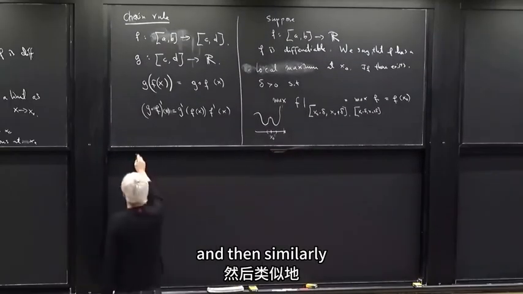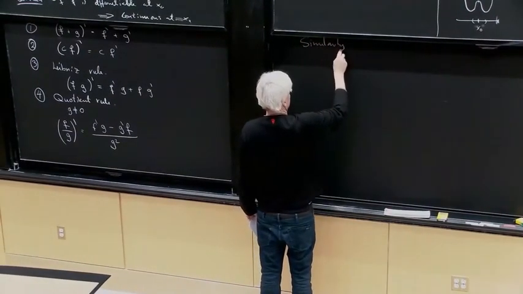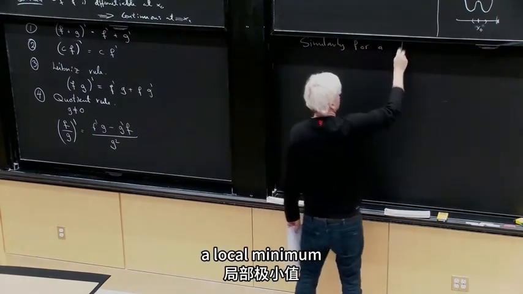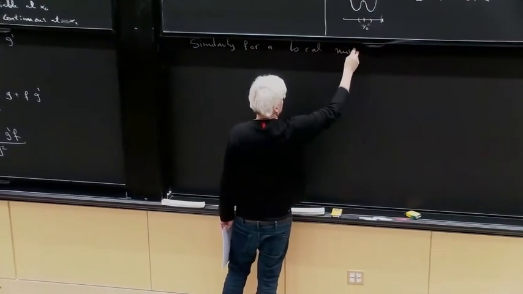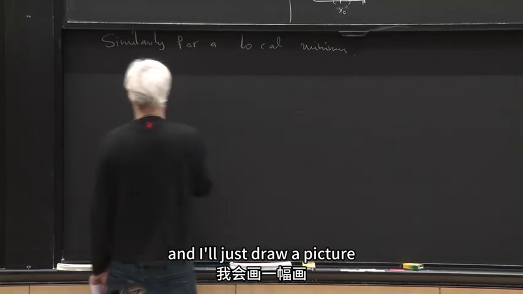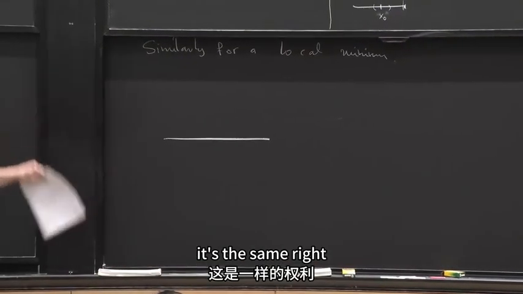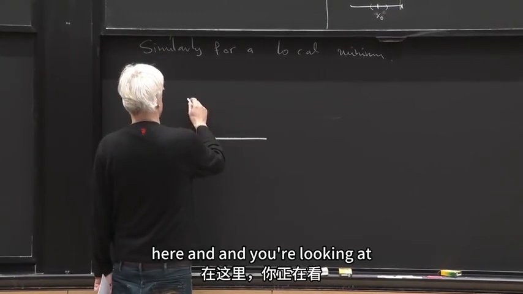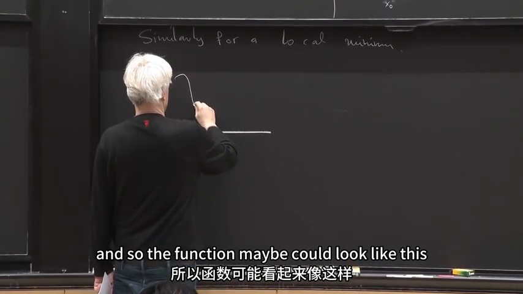And then similarly for a local minimum. I'll just draw a picture, because the definition is kind of obvious. It's the same, right? You take a function here, and maybe it could look like this.